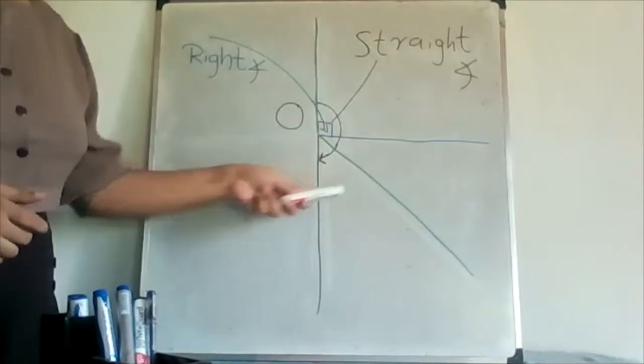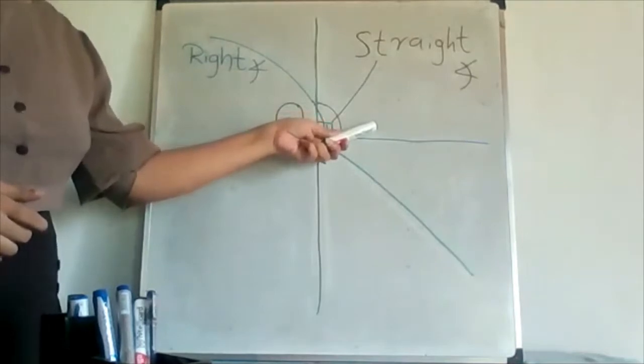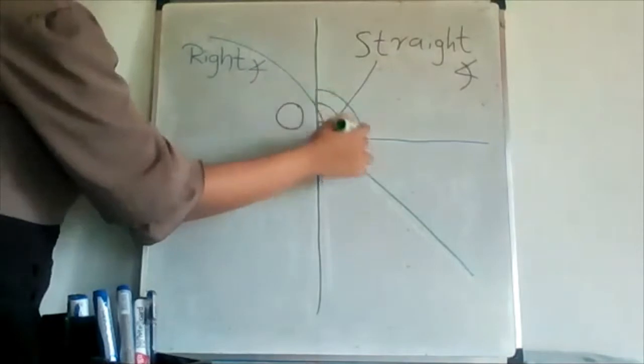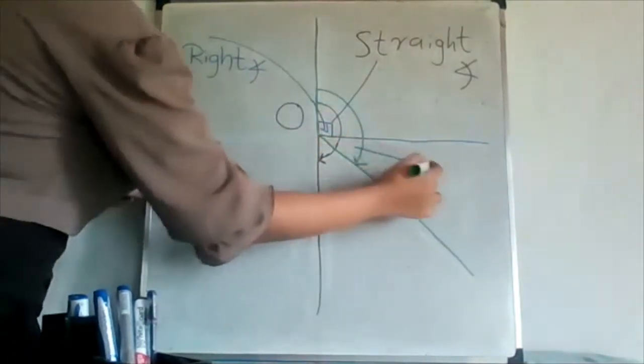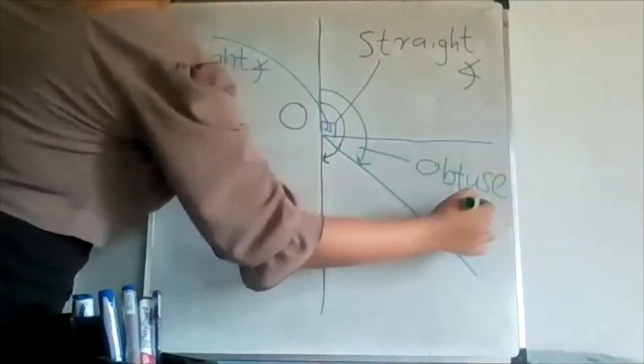This angle is smaller than this straight angle, and it is greater than this right angle. So this kind of angle is called an obtuse angle. So this one is an obtuse angle.